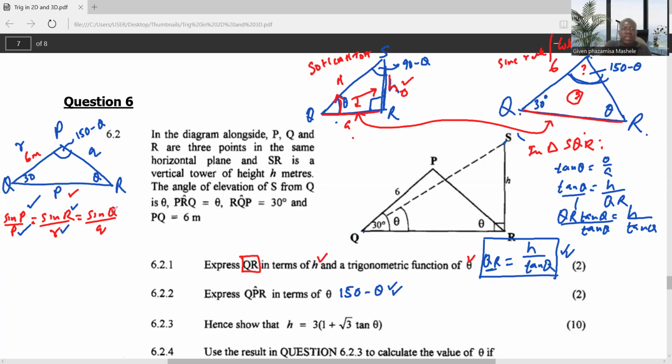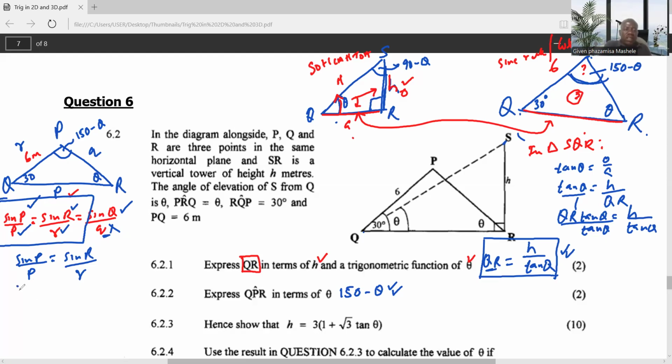Angle Q we have, but small q we do not. Why do you want to write everything in terms of ratio? It means we'll use these two properties only. So sine angle P over small p equals sine angle R over small r. Why? If I use the last one, we do not have PR, so it's one unknown and it's not what you're looking for.